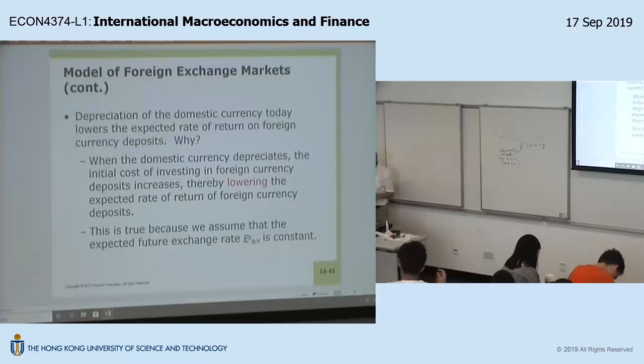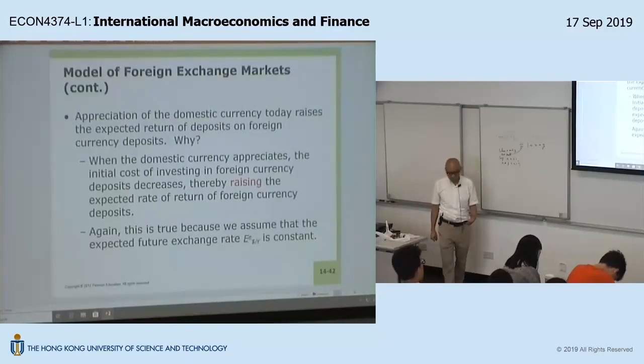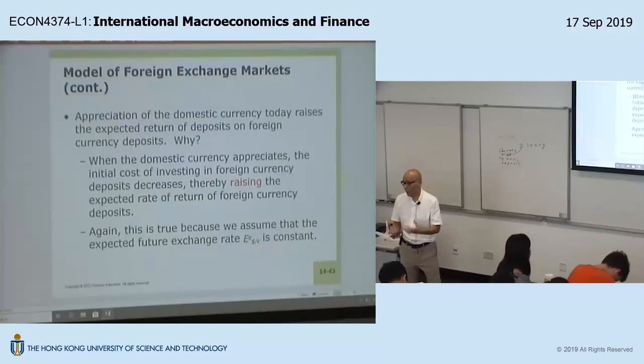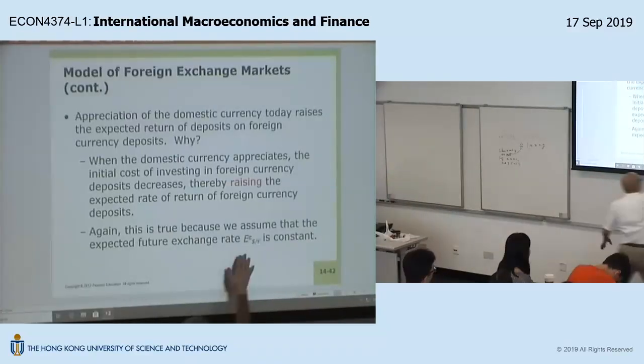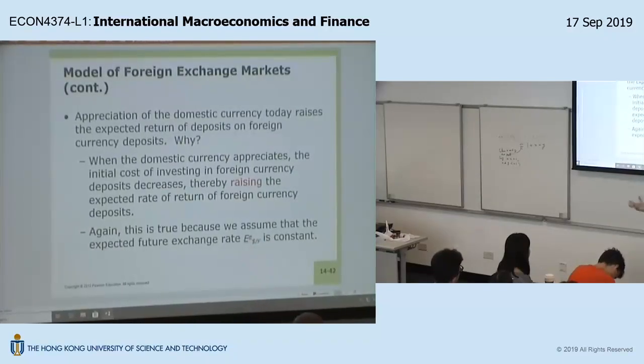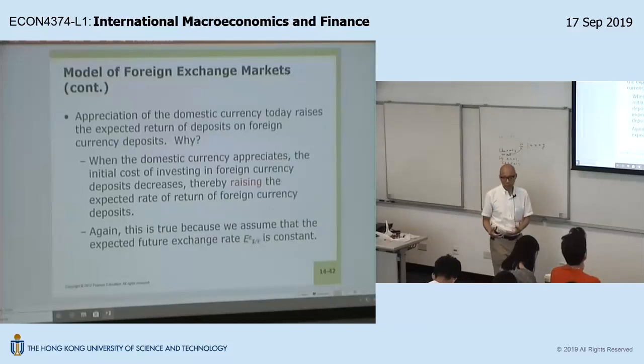This is the intuition here. Appreciation, on the other hand, raises the expected rate of return of deposit in foreign currency, because when the dollar appreciates today, it means that each dollar can be converted into more euro today. But 1 year later, because E^e is constant, the amount of dollar that you can get for each euro is fixed.